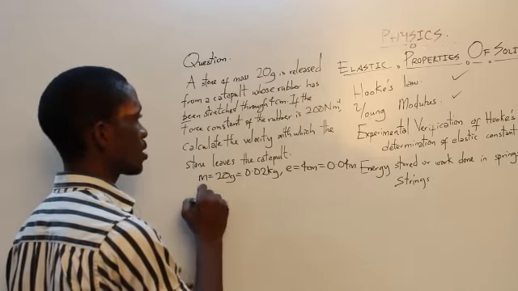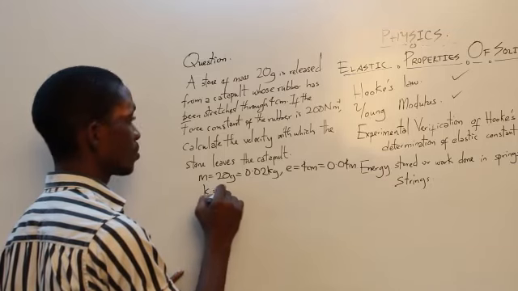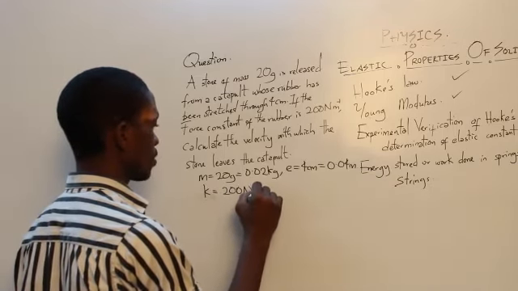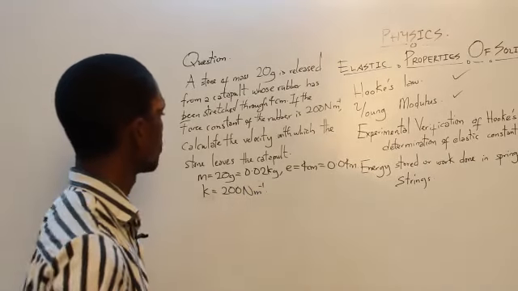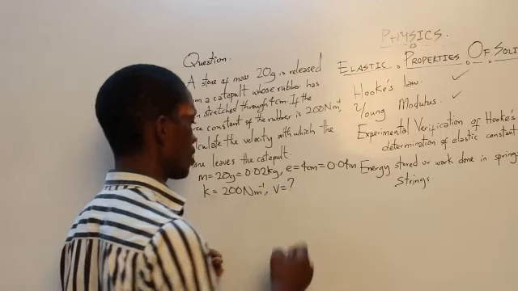The force constant of the rubber, k, is given as 200 newtons per meter. And we are asked to find velocity.